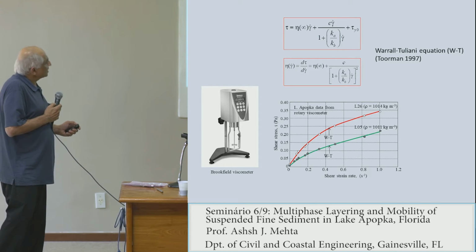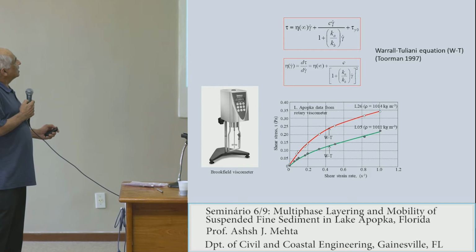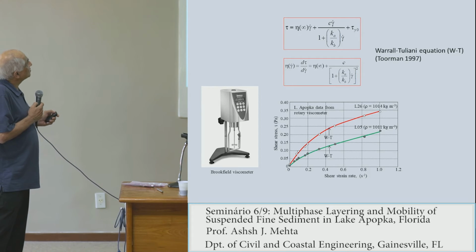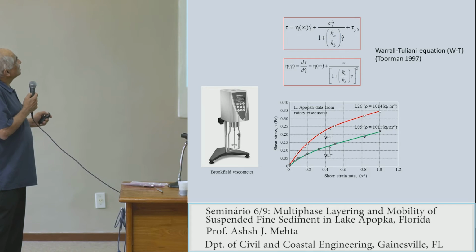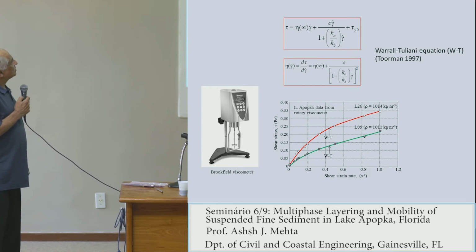And then finally, if you work out the equations, which are very well described in this article, but you have to read this article quite carefully to make sure you understand what has been done. What has been done is that you get an equation for tau, the shear stress, and an equation for viscosity.